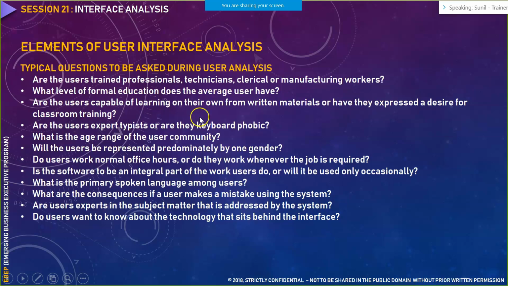Now, although the questions may seem casual, every question has some sort of information that could be captured in our business analysis work. Like, what is the level of formal education the average user has?